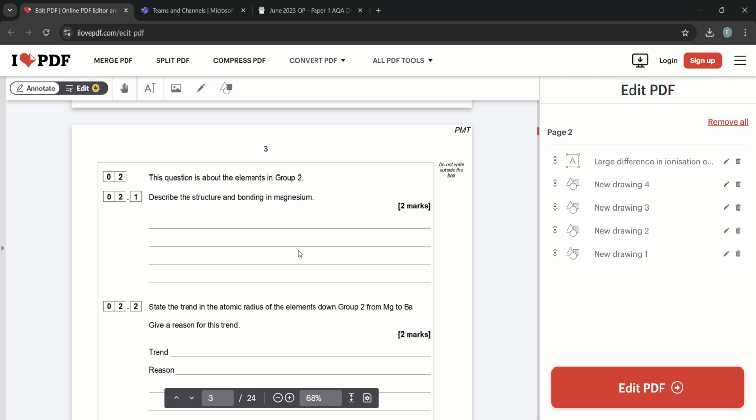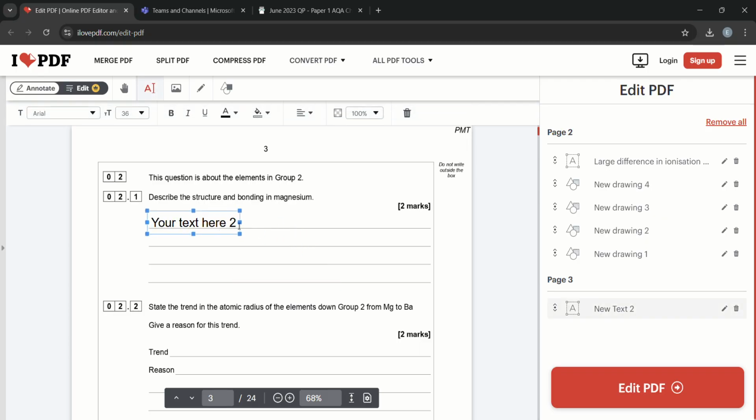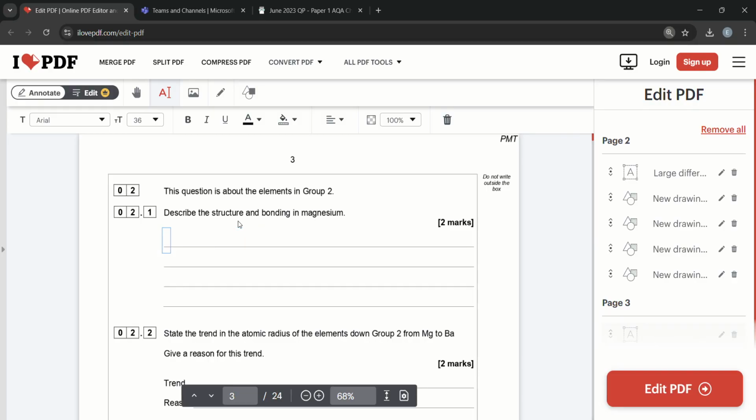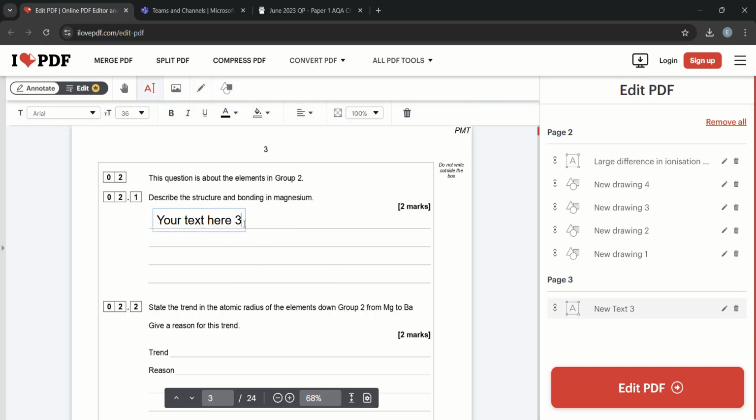Question 2, describe metallic bonding in magnesium. It's a classic question I would recommend memorizing. A giant lattice of Mg2+ ions. So let's write this down.